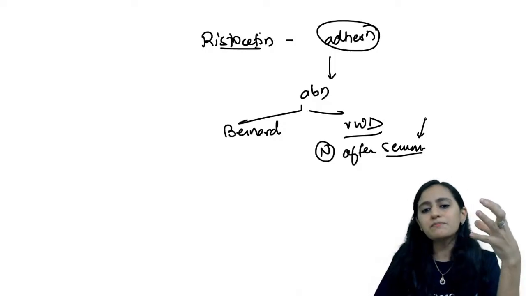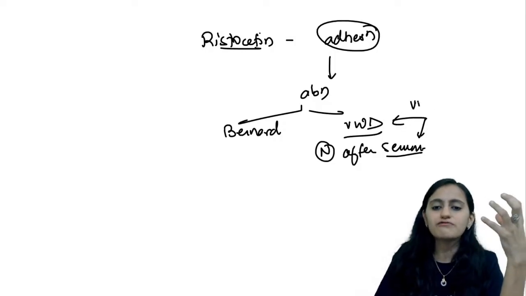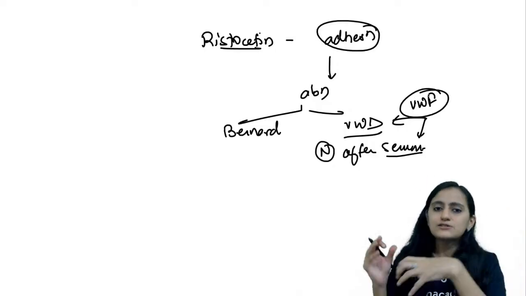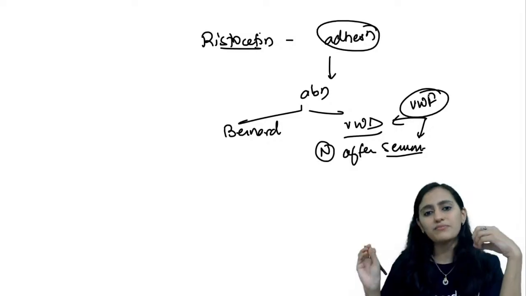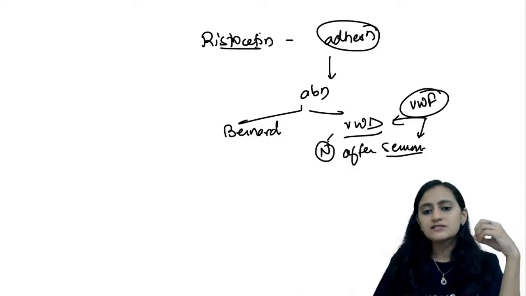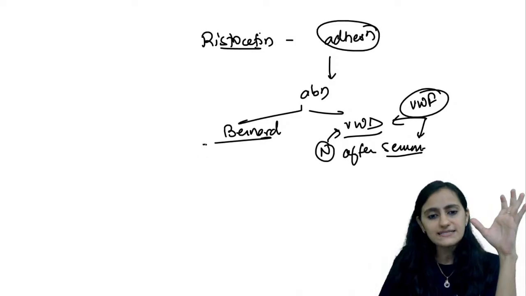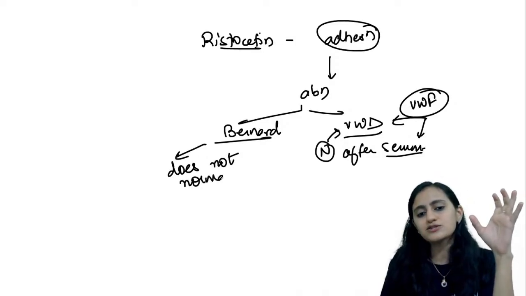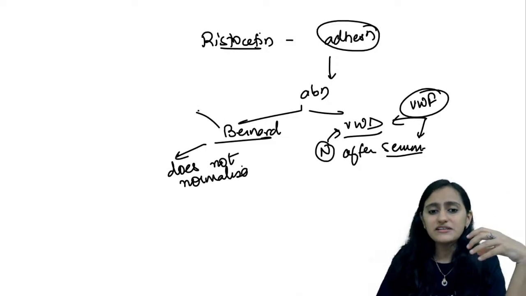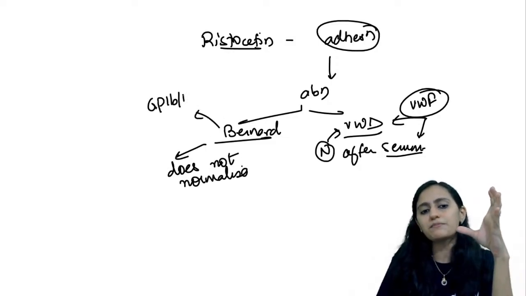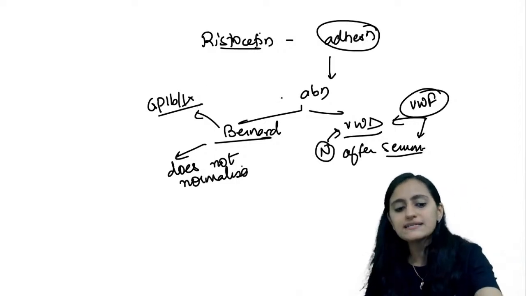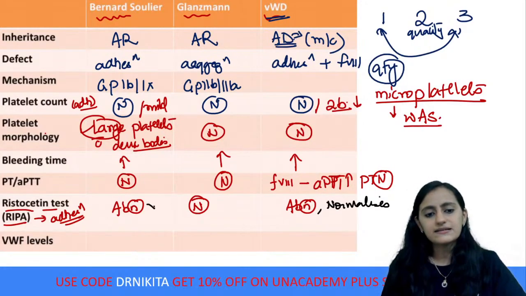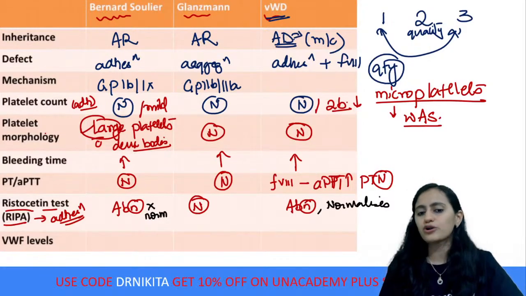Because your serum will provide the deficient levels of von Willebrand factor. Serum will have von Willebrand factor. So basically you are giving von Willebrand factor externally, from outside. So it will normalize. This one does not normalize after giving serum, because here the defect is in your receptor GP1B9. Okay? So it normalizes after serum with your von Willebrand disease. This does not normalize.